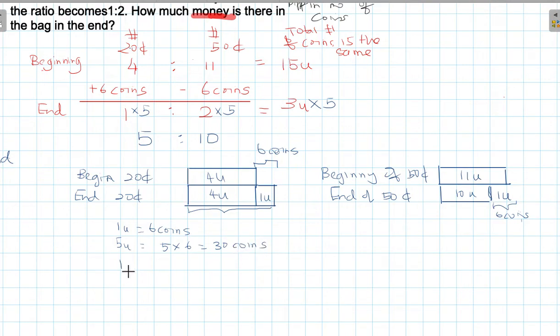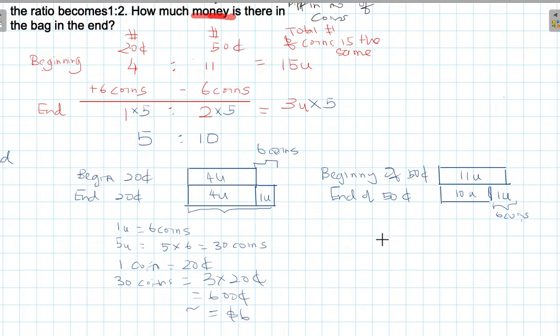So you know that 1 coin equals to 20 cents here. 30 coins will be 30 times 20 cents, which will give you 600 cents. 600 cents is actually $6, right?